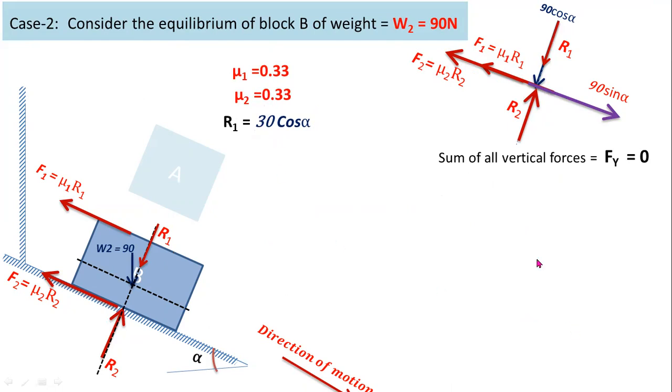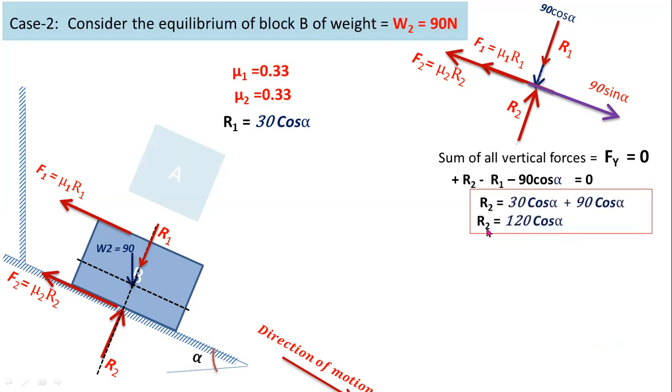So R2 minus R1 minus 90 cos alpha equal to 0. From this equation, we can get the value of R2. Here the R1 value is 30 cos alpha, so R2 equal to 30 cos alpha plus 90 cos alpha, equal to 120 cos alpha.